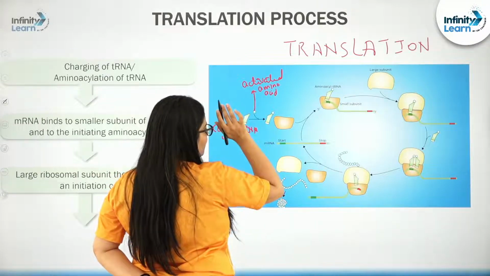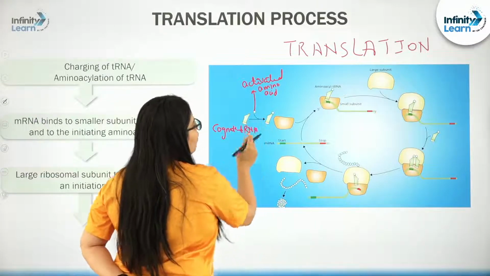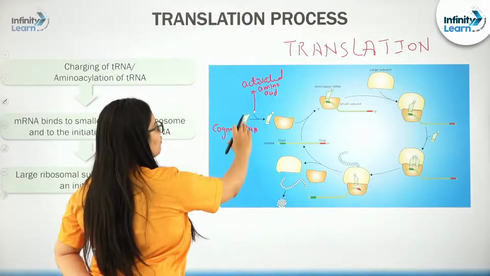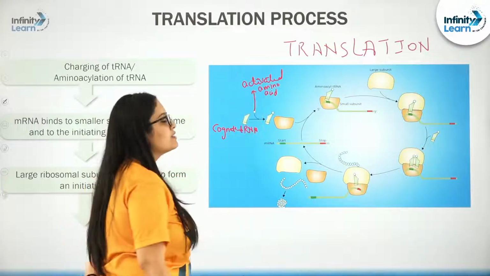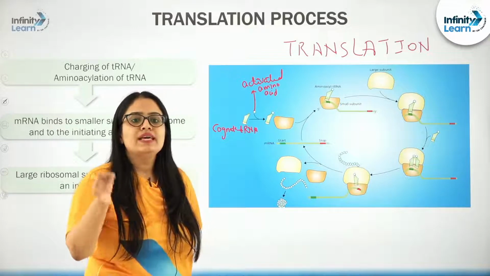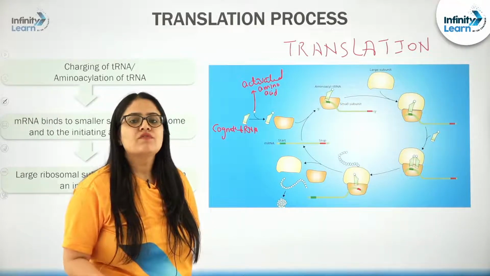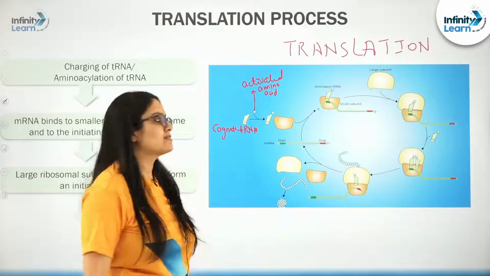Alright. Now, please notice students, this reaction of covalent binding of a cognate tRNA with an activated amino acid will be catalyzed with the help of an enzyme. The enzyme is aminoacyl synthetase.